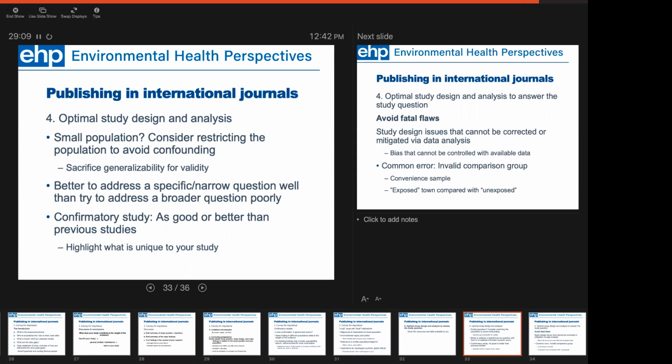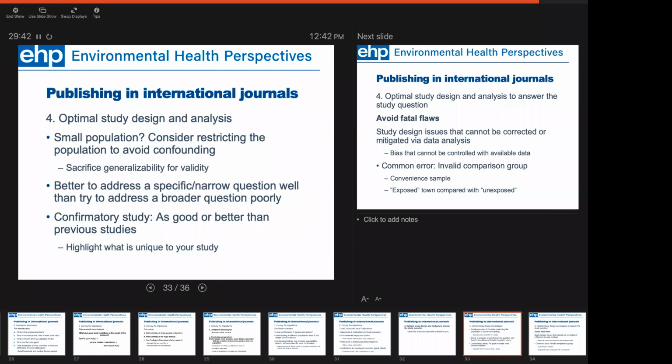Now, these are issues that really need to be addressed when you're designing the study most of the time, not when you're writing the manuscript. But for example, what if you can only afford to do a study in a very small population? Well, if that's the case, you may be better off restricting the population to avoid confounding. So maybe you restrict it to a particular age group or to only women or only men or to a particular occupational group.